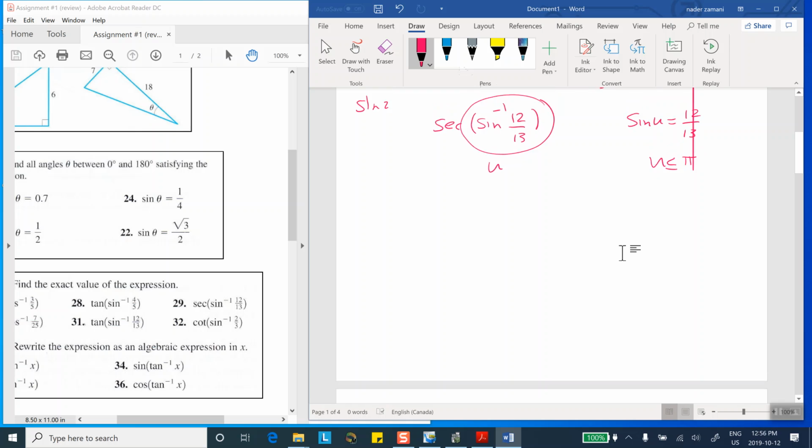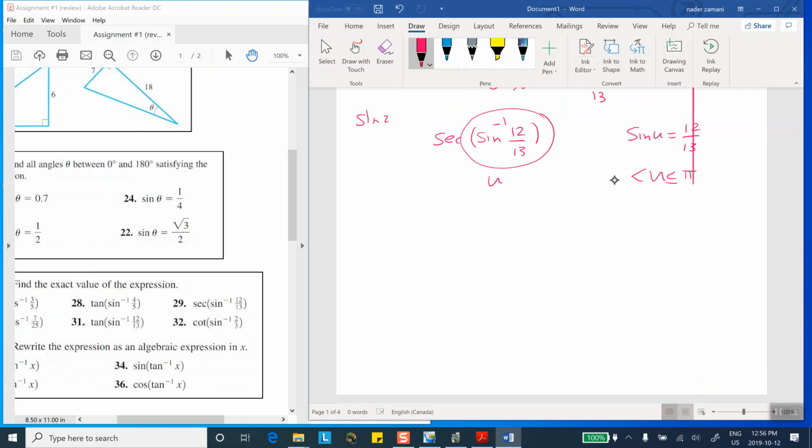What do we want? Secant of u. Secant of u is 1 over cosine of u, and cosine of u is plus or minus square root of 1 minus sine squared u. The question is, do I pick positive or negative?